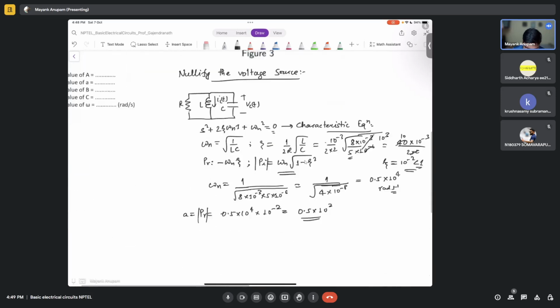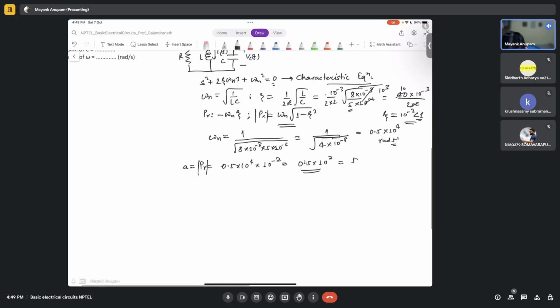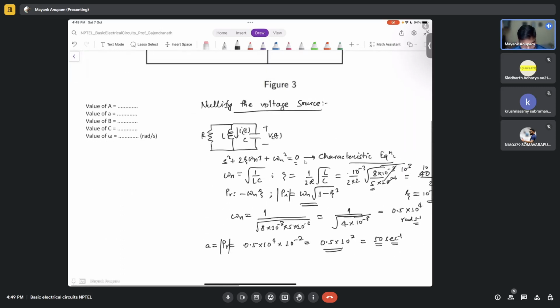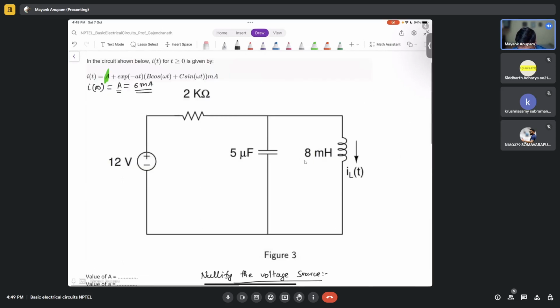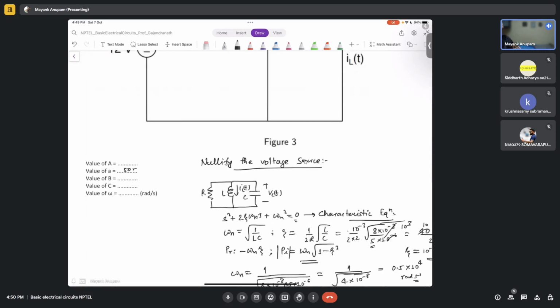Yes, sir, 50. So it is 50. Actually, it is radian per second. All right. So we got the value of A. It is 50 radian per second, right?